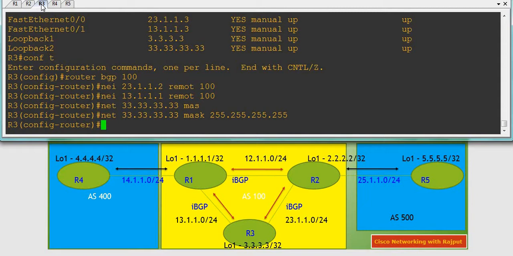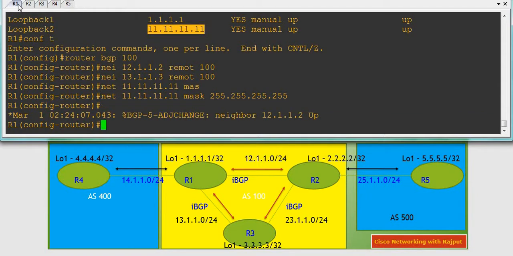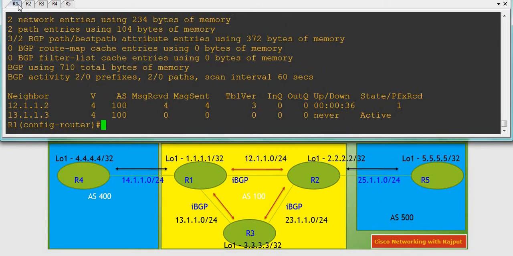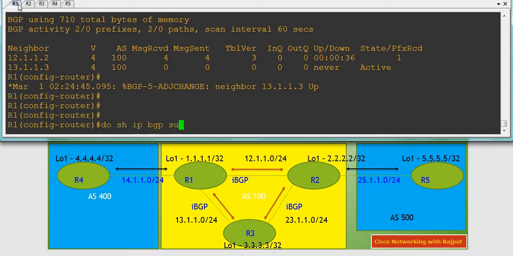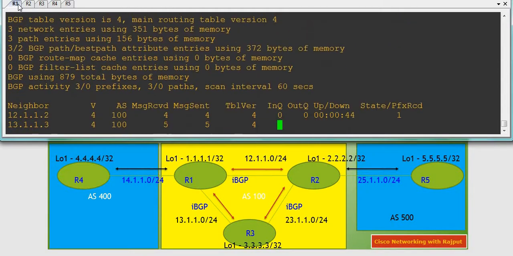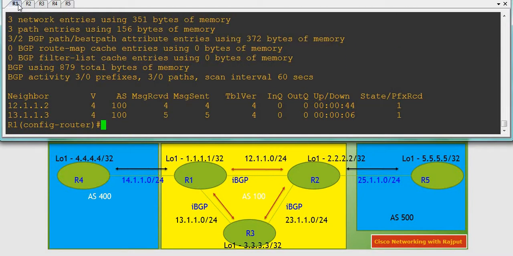Okay. On router 1, let us check. One BGP session is up, another one is also up. So currently router 1 has iBGP sessions with router 2 and router 3.